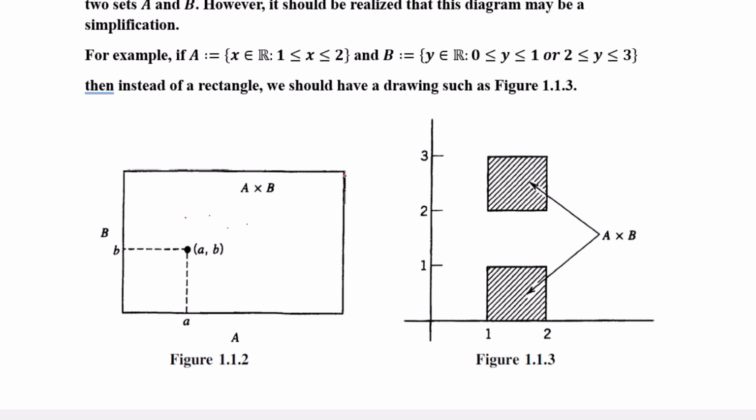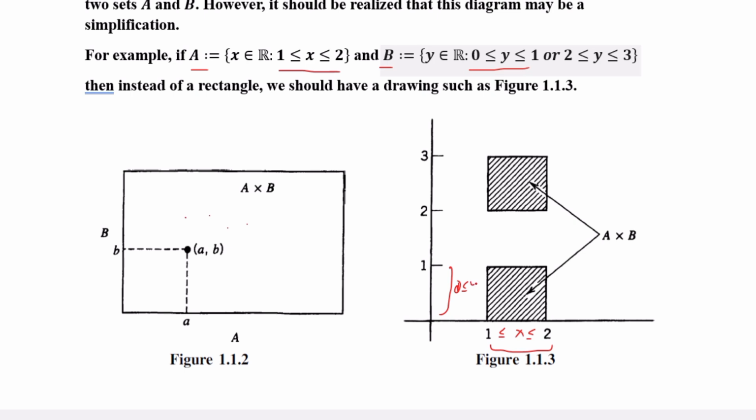But if your sets A and B are in the form of intervals, then their Cartesian product always forms a rectangle. For example, consider here your set A is the closed interval 1 less than or equal to x, x less than or equal to 2. So this portion represents the values of x lying between 1 and 2, while this height represents the values of y, that is here 0 less than or equal to y less than or equal to 1.